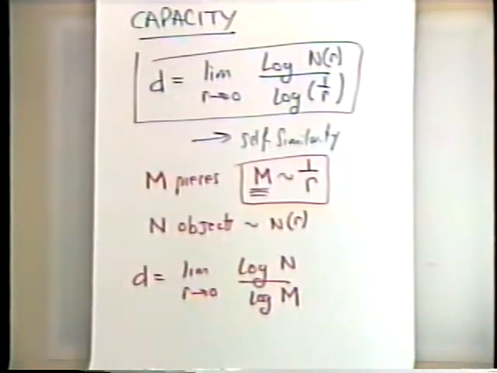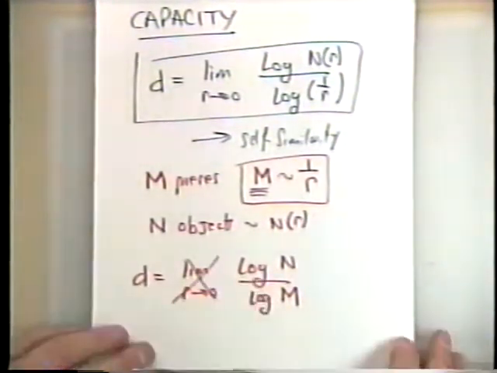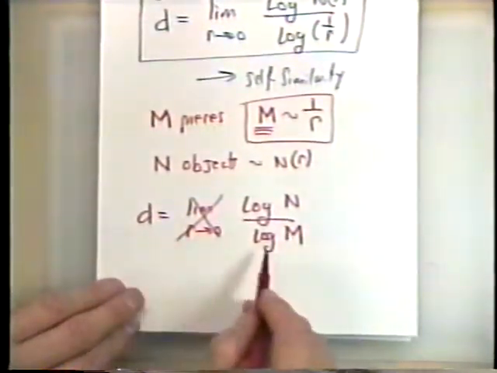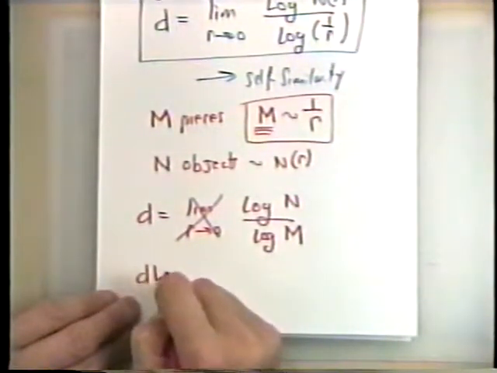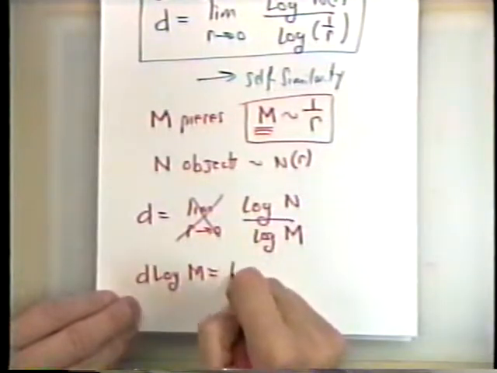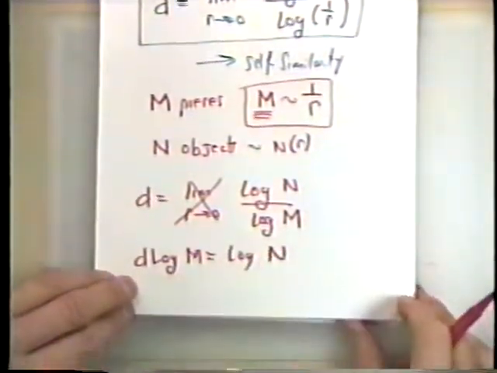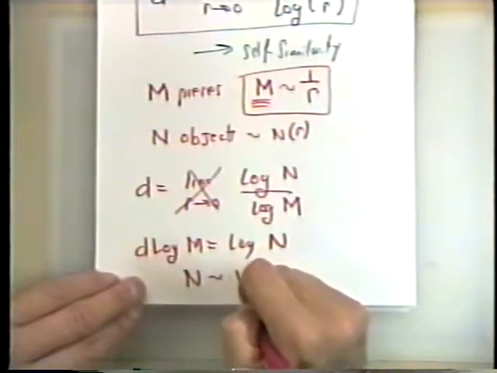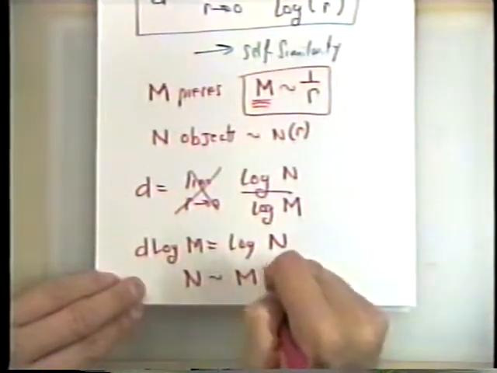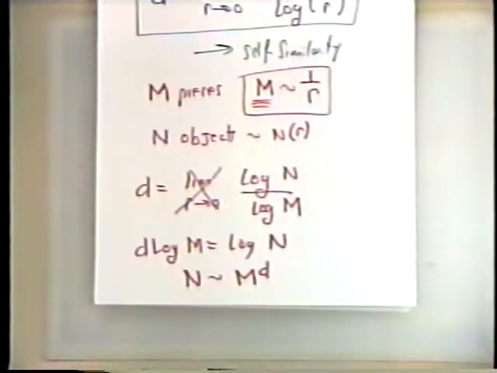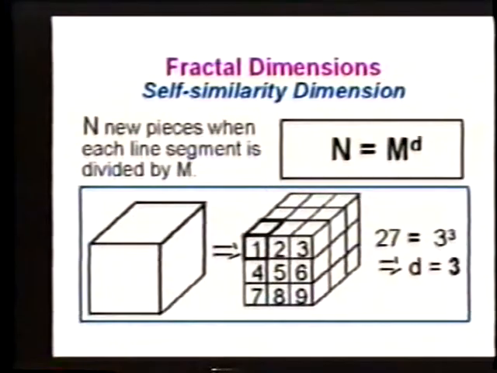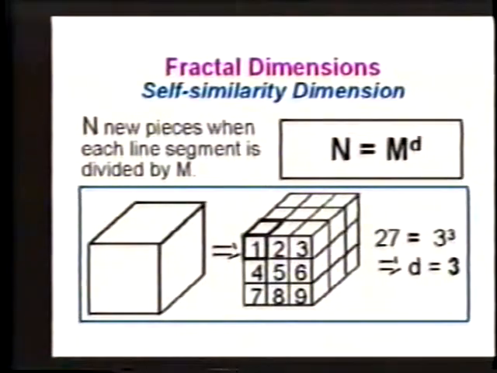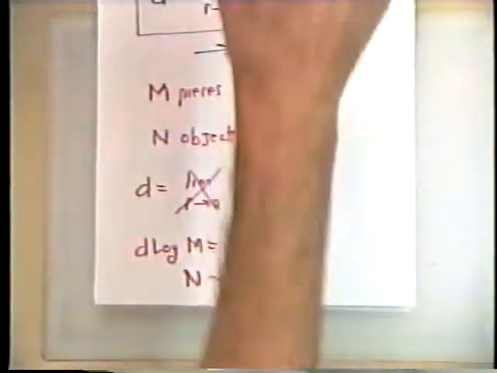And if there was no limit here, then rearranging this, d log m equals log n, or killing the logs, n goes like m raised to the d, which was exactly what we had before, as I can prove by flipping back to here. So this is what we had before, that n equals m to the d, and now that's what we have down here.